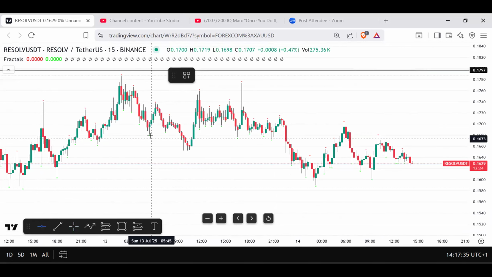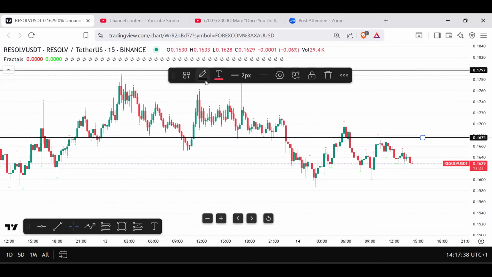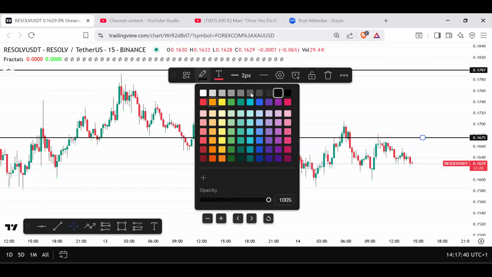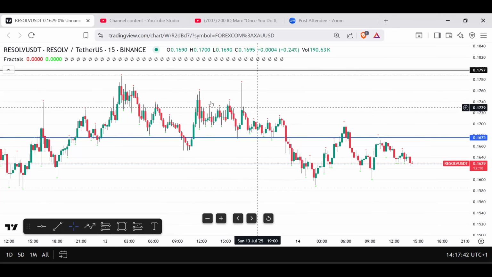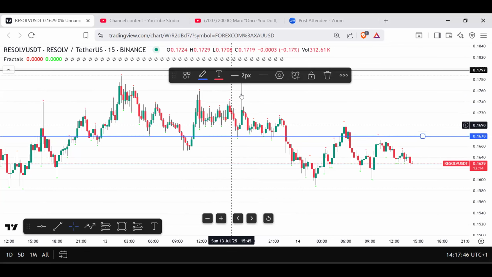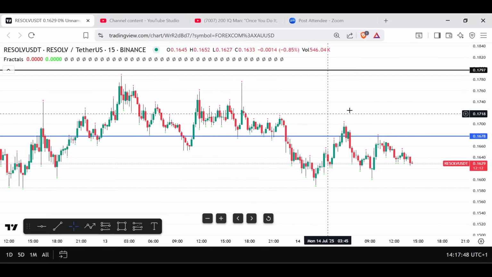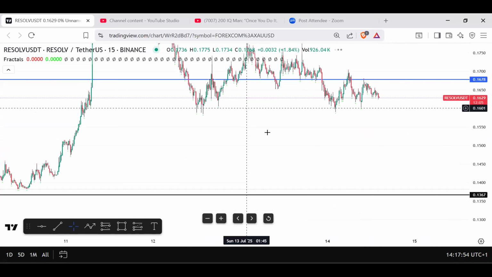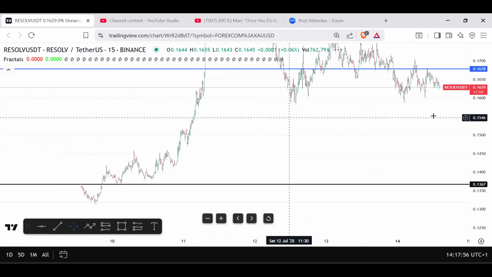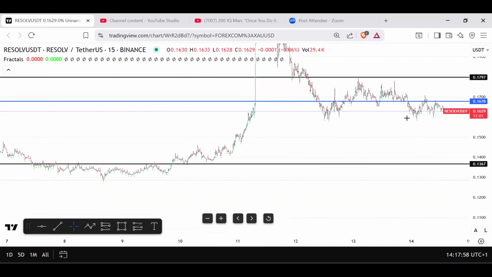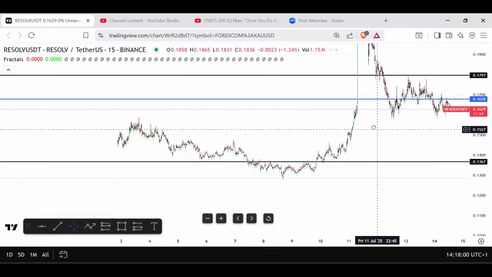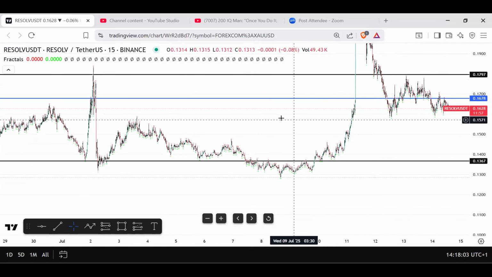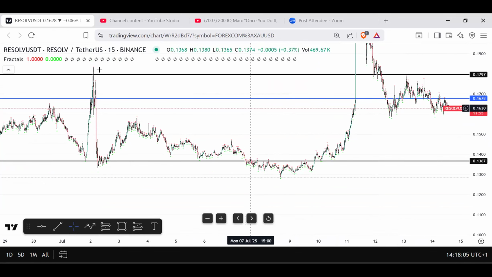For the key levels on the middle time frame, I can use a different line so that I can differentiate them. Remember, I'm only considering the key levels closest to price. So we have something like that here.